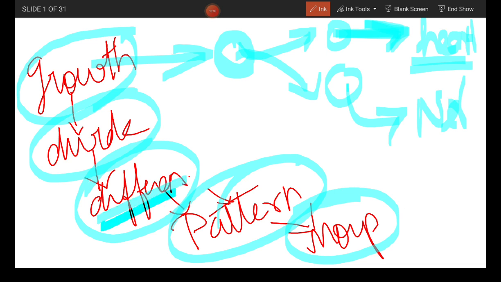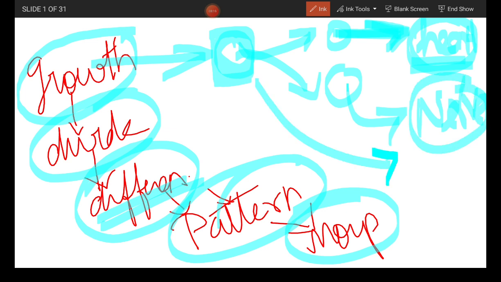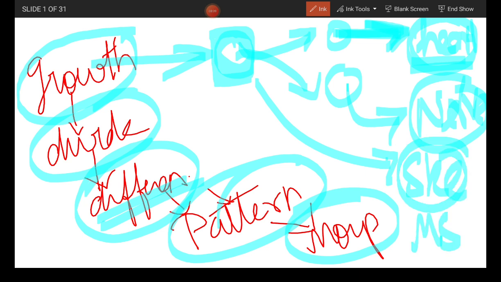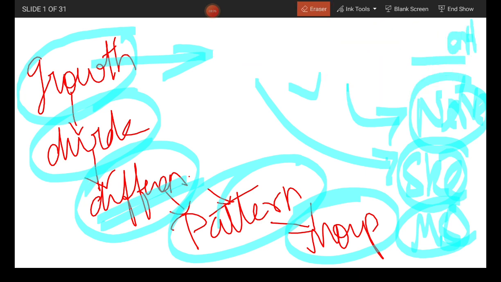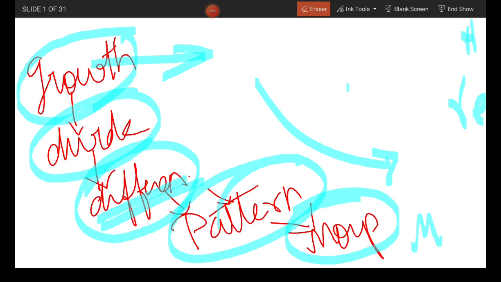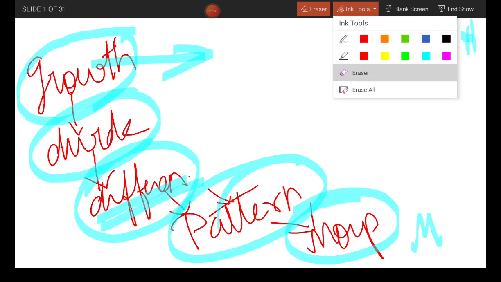So an undifferentiated simple cell is differentiated to become specified and determined to become a heart cell, nerve cell, skeletal cell, muscle cell, whatever. So this is growth, differentiation and division. The cell should multiply.